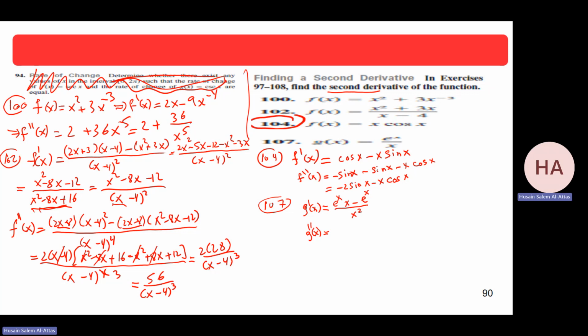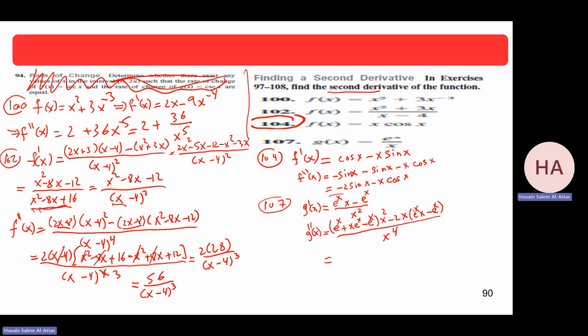The derivative of the numerator, I have product rule here. So I have e^x plus x e^x minus e^x, all of this times x squared, minus 2x times x e^x minus e^x, over x to the power 4.